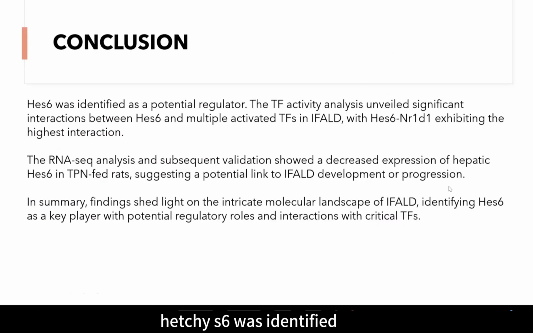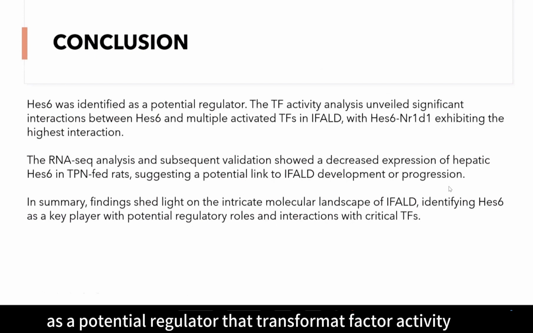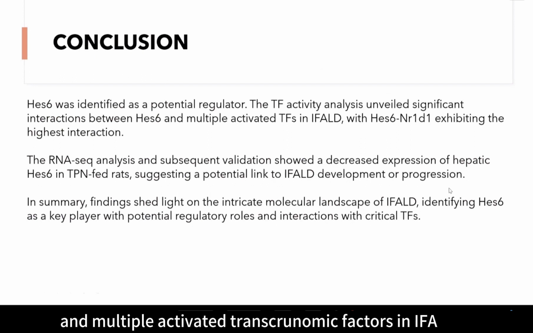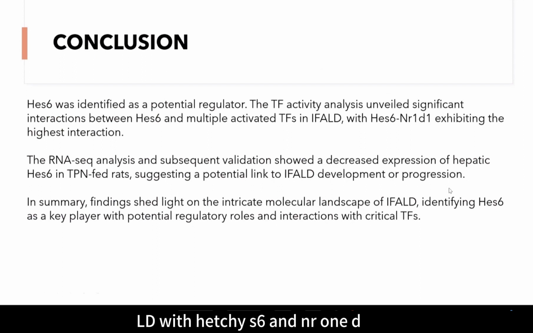Conclusion: HES6 was identified as a potential regulator. Transcription factor activity analysis unveiled significant interactions between HES6 and multiple activated transcription factors in IFALD, with HES6 and NR1D1 exhibiting the highest interaction.